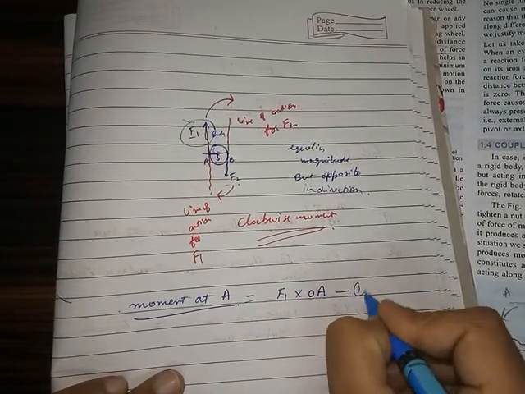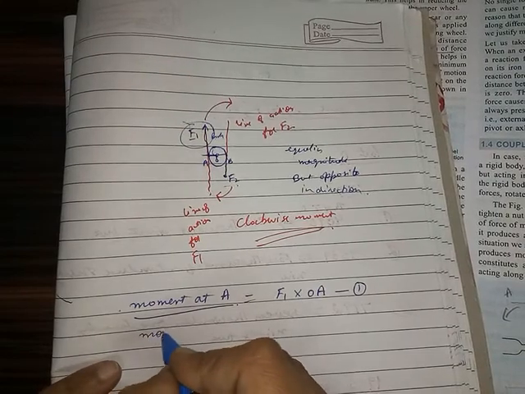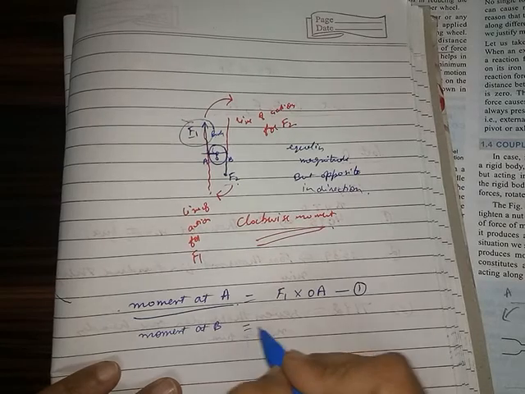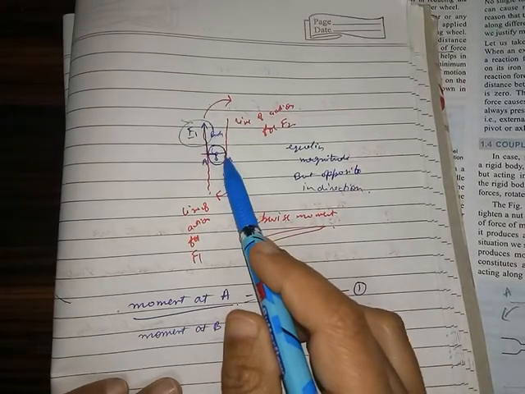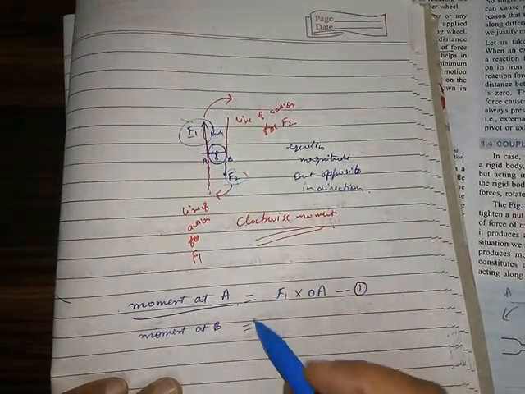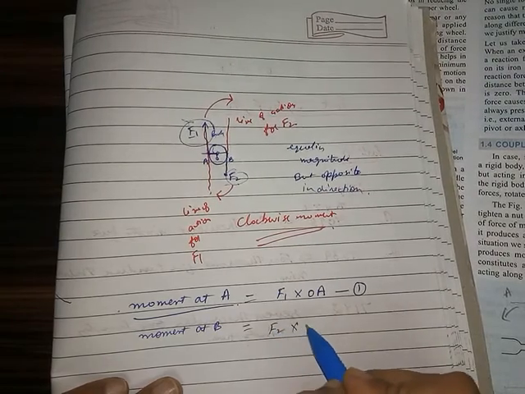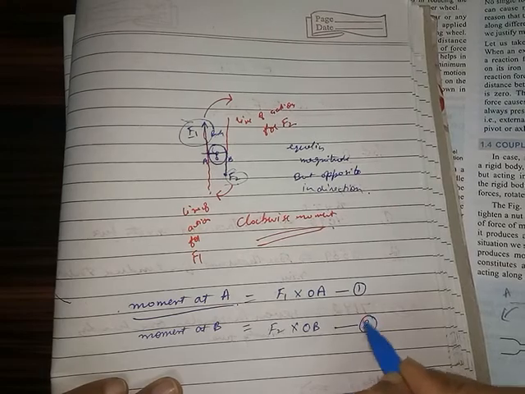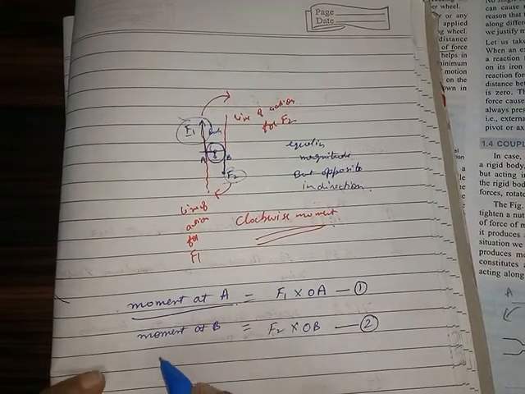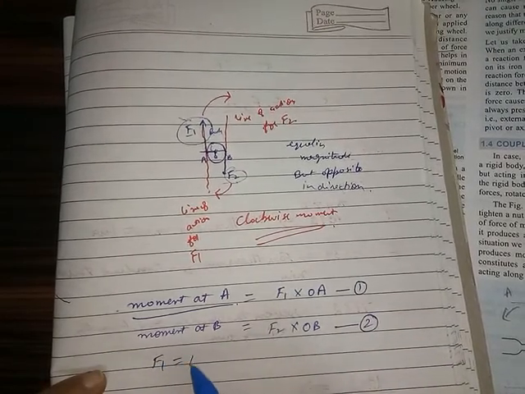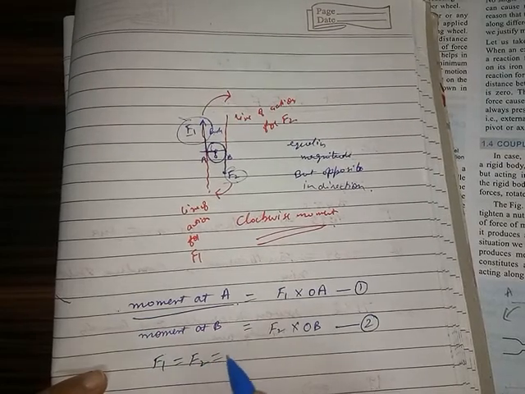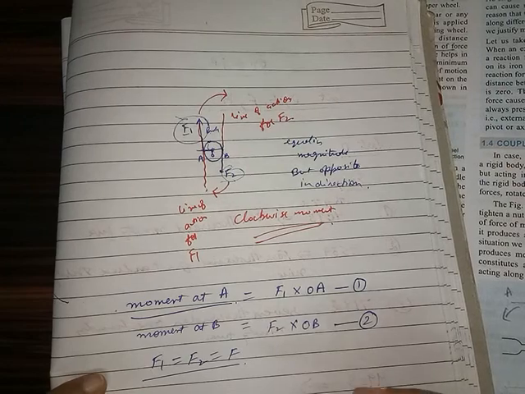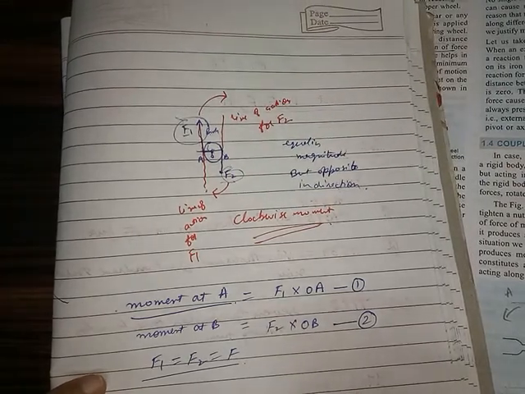Let it be number 1. Number 2, moment at point B: at point B the force is F2 and the distance is OB. Let it be number 2. Now F1 is equal to F2 is equal to F, because the two forces are equal but opposite in direction.